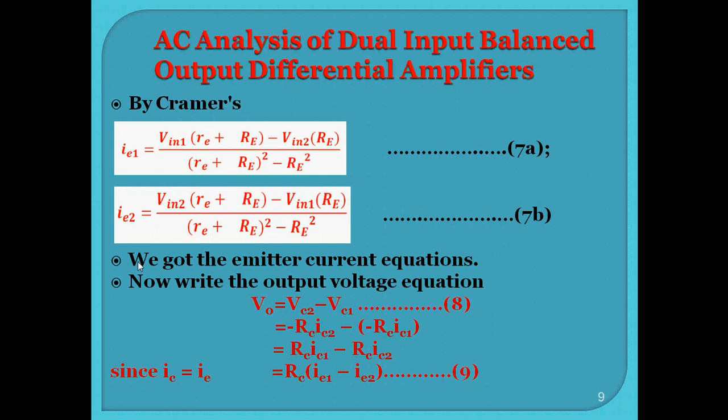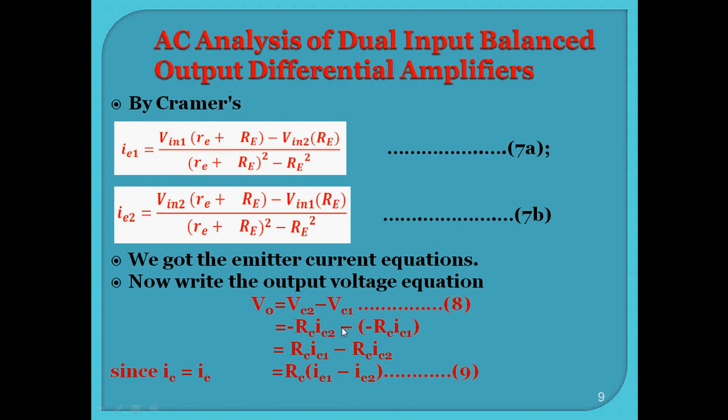Vc2 is nothing but the voltage across the collector resistor RC, which has the opposite polarity with respect to the input voltage, so it is represented as minus RC into IC2. The current through the resistor is IC2, and Vc1 is again negative with respect to input voltage Vin1, so it is minus capital RC into IC1.